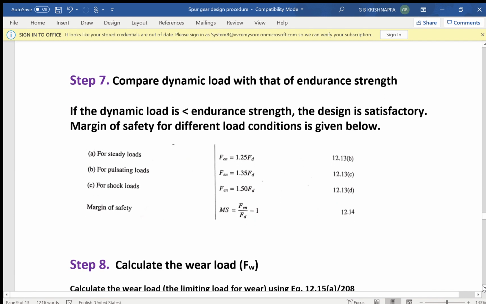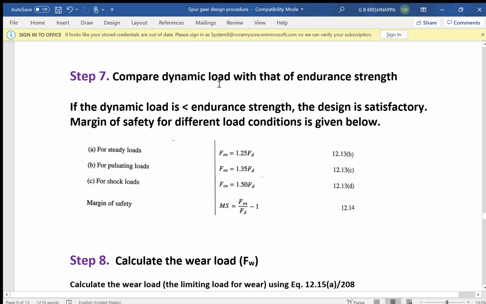Next, step 7: compare dynamic load with the endurance strength, which I calculated already. If dynamic load is less than endurance strength, the design is satisfactory. The margin of safety for different load conditions is given below.